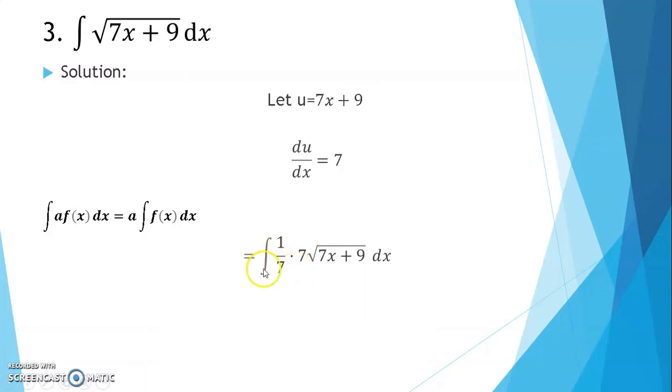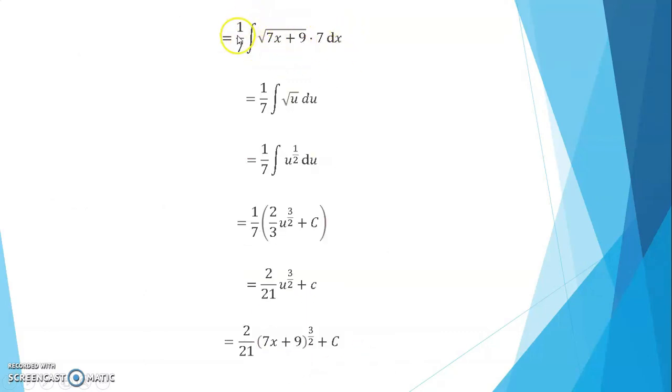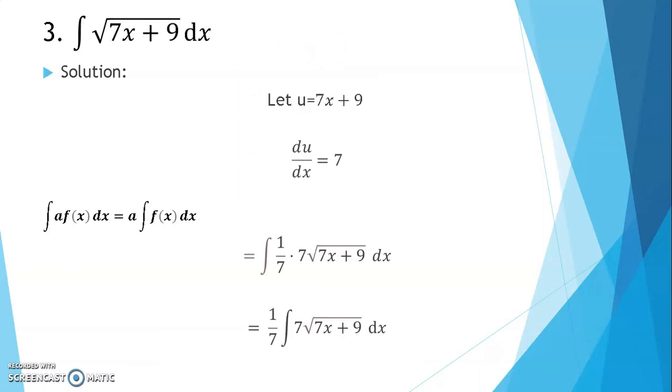The integration of 1 over 7 times 7 times the square root of 7x plus 9 dx. We bring 1 over 7 outside, and it will be rewritten as 1 over 7 integration of the square root of 7x plus 9. So earlier when we differentiated, we got du equal to 7 dx, right? Yes, du equal to 7 dx.